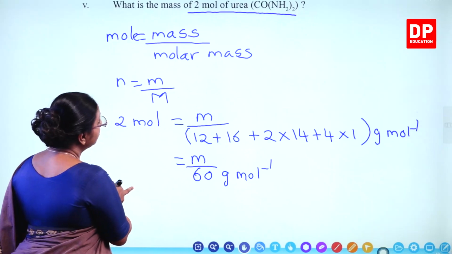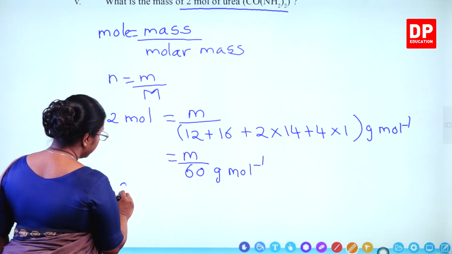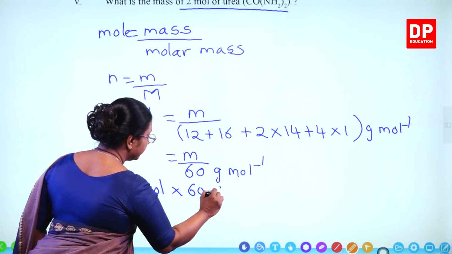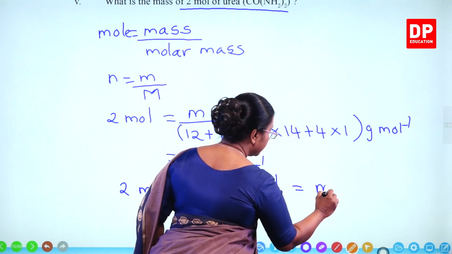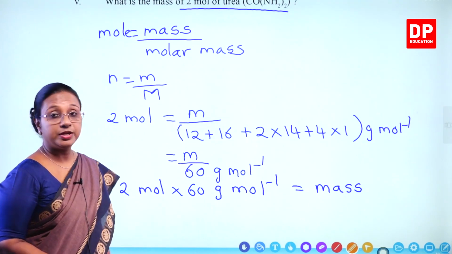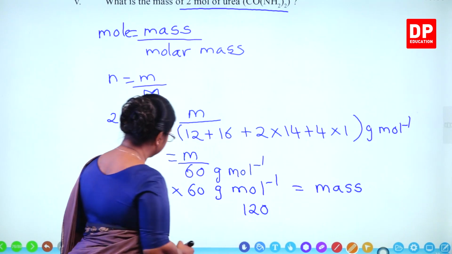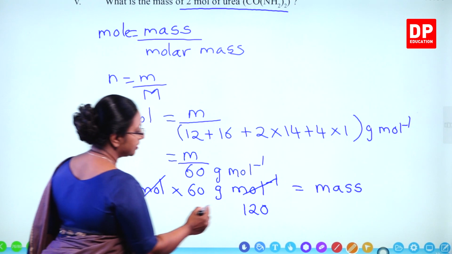Then if you rearrange the equation, so from this 2 moles into 60 gram per mole is the mass of urea. So what is this going to be? 2 into 60. So it's 120. You can see the mole and mole minus 1 cancel off.